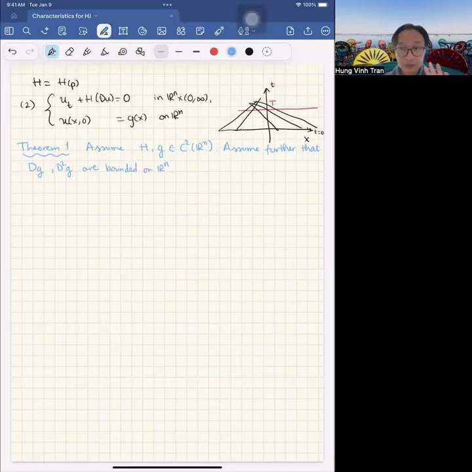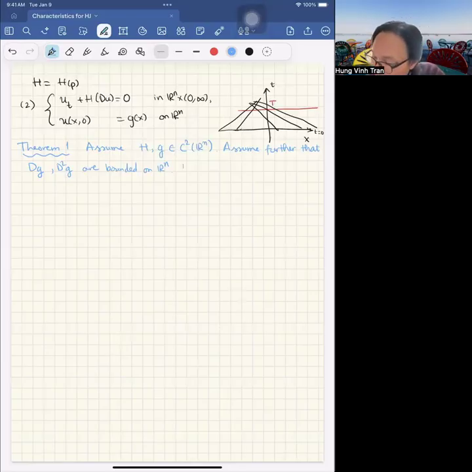I write out the theorem. It might look a little bit complicated, but I'll explain the notations. Maybe we work through the 1D case first for you to see the ideas, and then we will write out the proof for the general case.